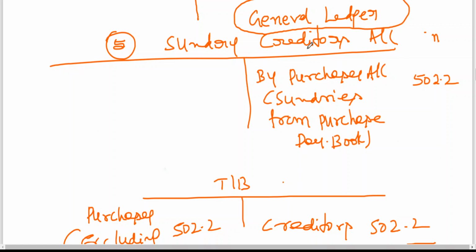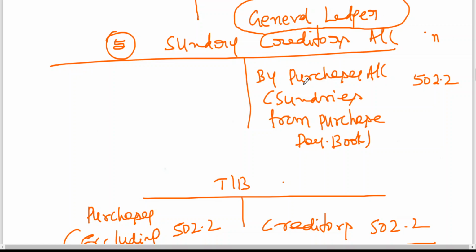Okay, my dear friends. So, sundry creditors, got the clarity? If somebody is going to ask you, to test your knowledge, you should say it is a general ledger. Name of the book: bulky book, general ledger. In that you have personal accounts, real accounts, nominal accounts.